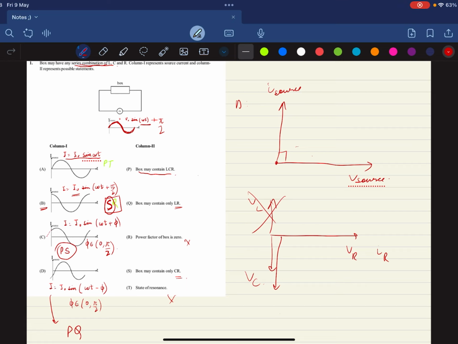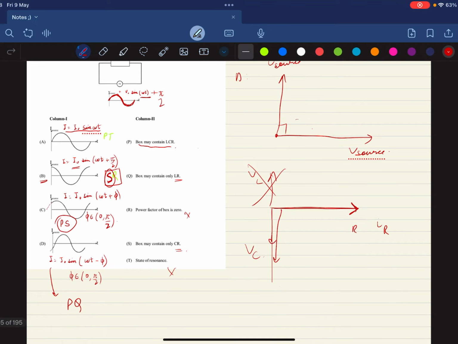But if we have some R here, some VR here, the vector will also always be at some angle, but we just want the V net to be like this. So it would be just C connected, so it will be only C connected.